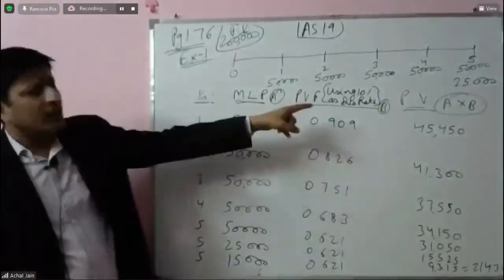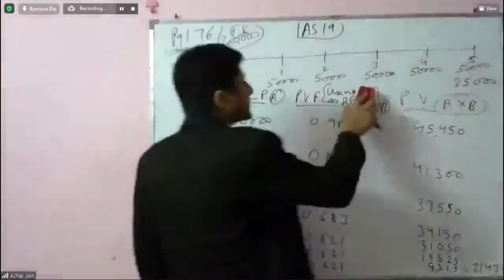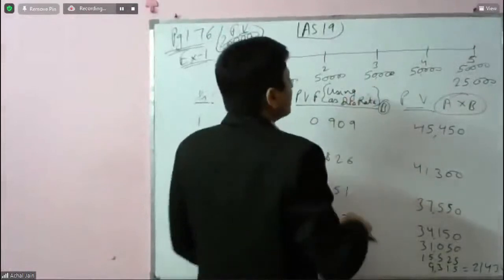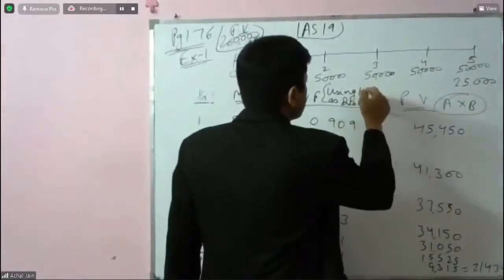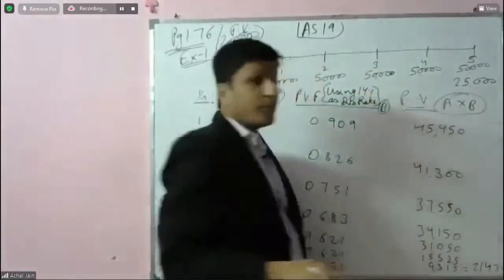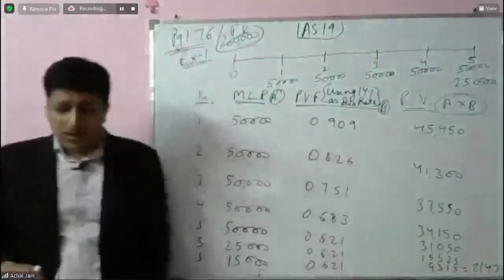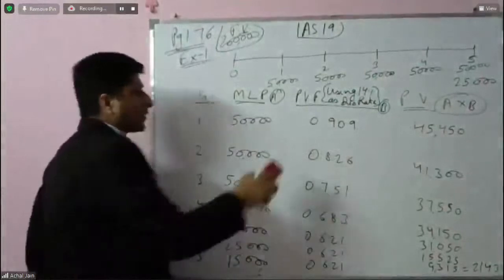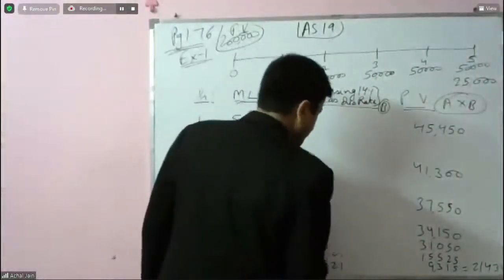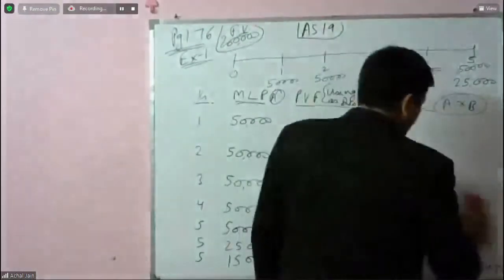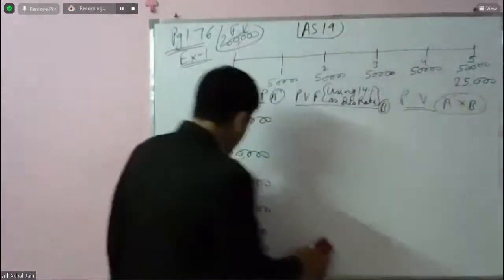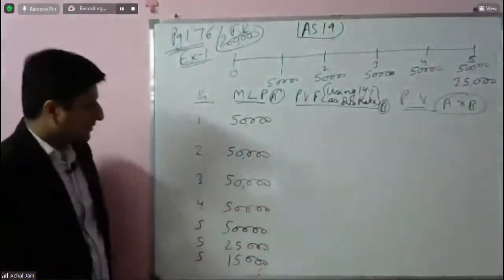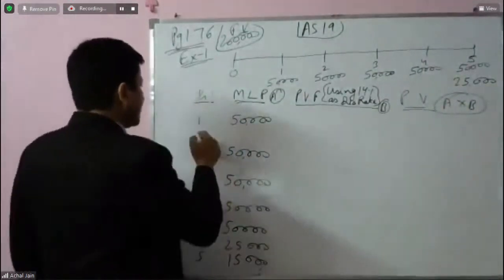First of all, I considered 10%. Now I will guess another rate of interest, 14%. And you will be thinking, sir, why 10%, why 14%? It can be any rate. It is up to you. Don't think that it's a formula. You need to decide. You can take any rate.